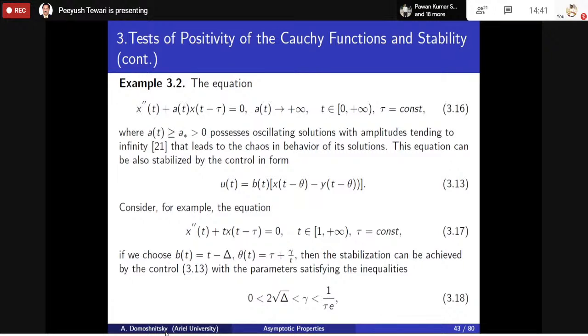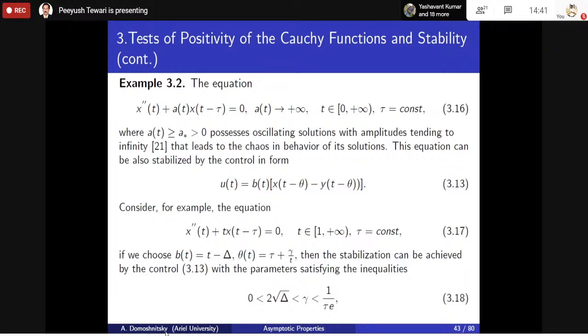This situation is very difficult for analysis. A(t) tends to infinity. Now, of course, we have an unstable situation. This equation has an unbounded solution, and we can take u(t) in the form of three setting, the same form as in the previous example, and we can achieve that our equation will be stable.